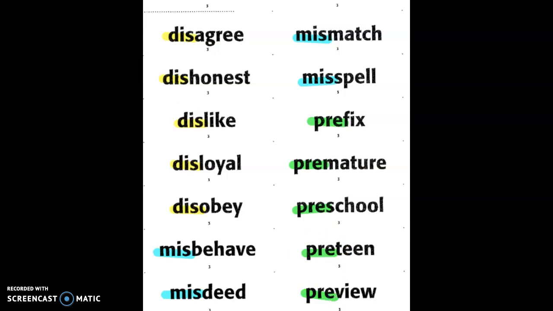Your word study assignment is to finish the other 2 pages in your packet that look like this one using the same pattern of color of highlighters as the ones that we just did together. Use your yellow highlighter to mark words with the prefix dis.